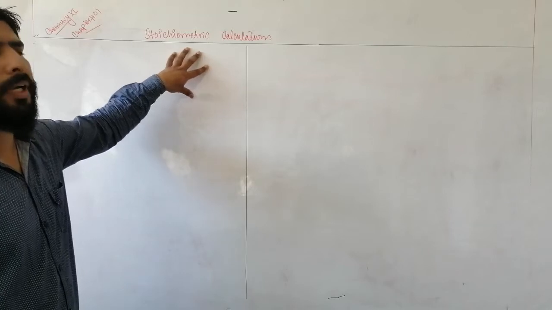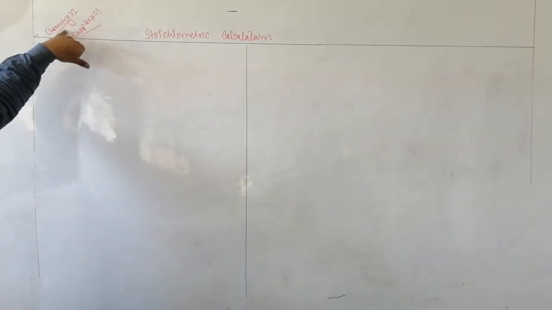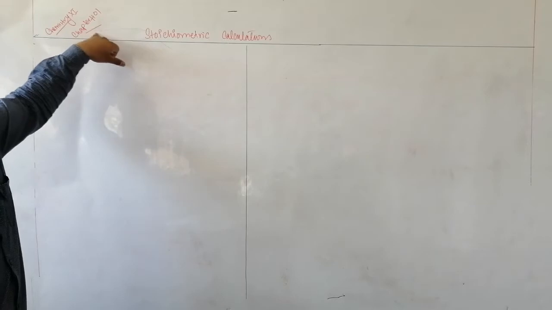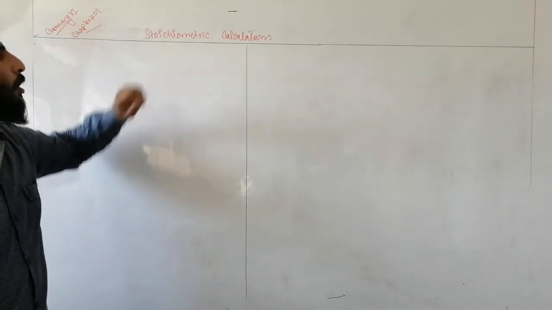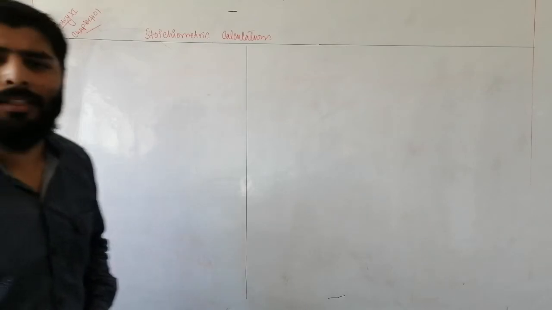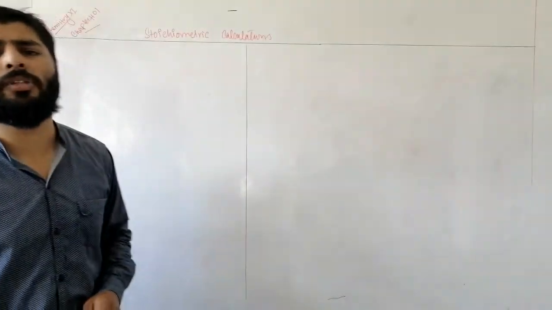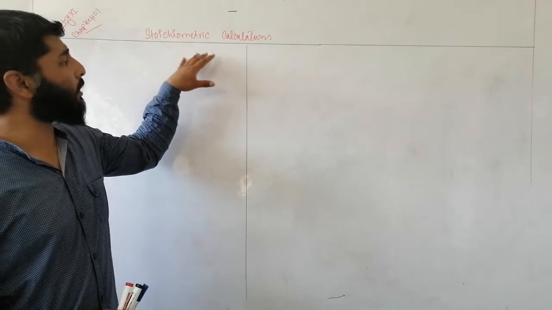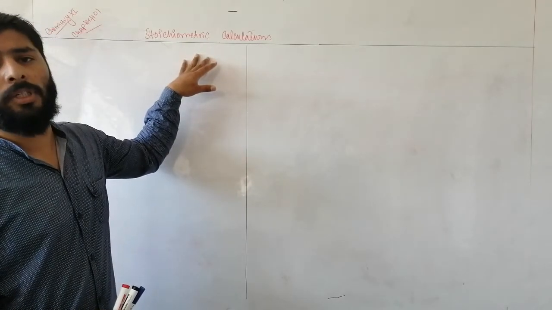Dear students, you have the first chapter of your book, chapter number 1, chemistry grade 11. Topic is stoichiometric calculations. You have already discussed the introduction of stoichiometry. Now you will discuss the stoichiometric calculations.